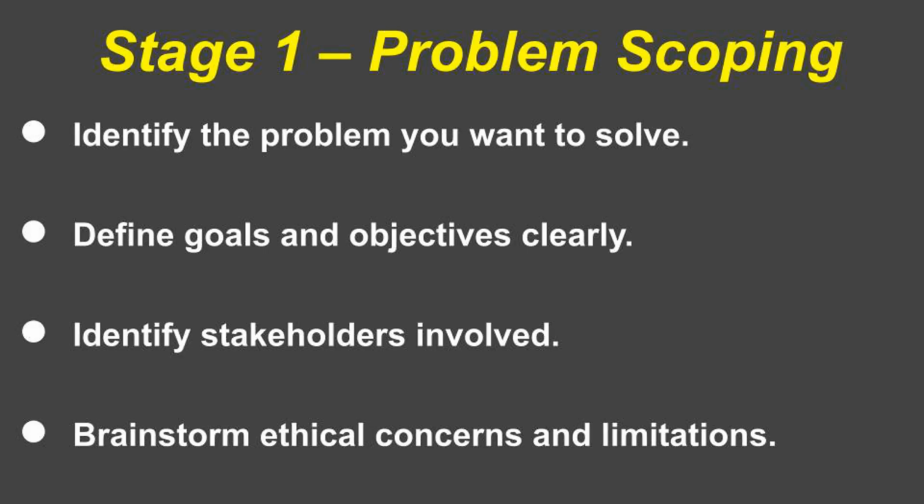For example, instead of saying help farmers, say develop an AI tool that predicts rainfall for farmers. During this stage, it's equally important to identify stakeholders and think about the ethical side, privacy, bias, or fairness that could affect the project.